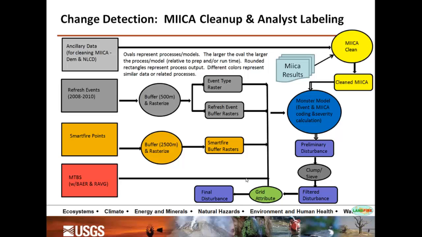We have a crew of 4 or 5 folks, hands-on, looking at this, looking at change, verifying the results, going through the MIICA stacks and saying, yes, okay, we're detecting a change here. This is probably what it is. I believe they're fairly conservative in marking the cause of an event, and if they don't have something in their database, unless they're absolutely sure about it, they'll mark it as an event but an unknown cause.